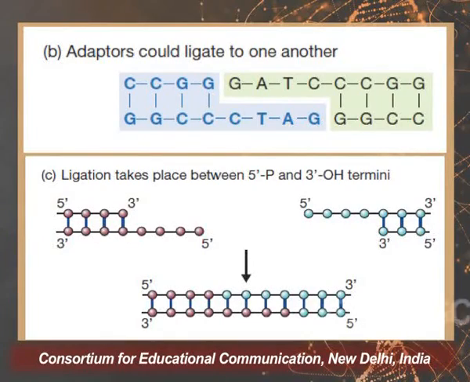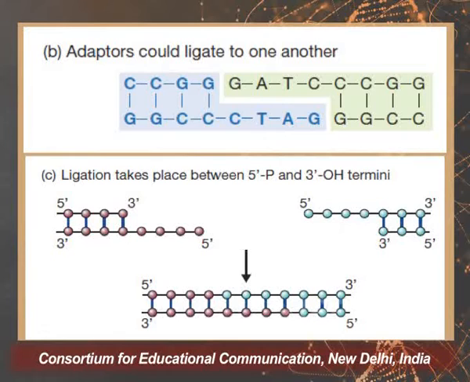So when you are using the adapters, the linkage can occur between the two adapter molecules. Now it is important to note here that the phosphodiester bond is formed between the 5' phosphate and the 3' OH. So the 5' phosphate and 3' OH are essential for the ligase to work.